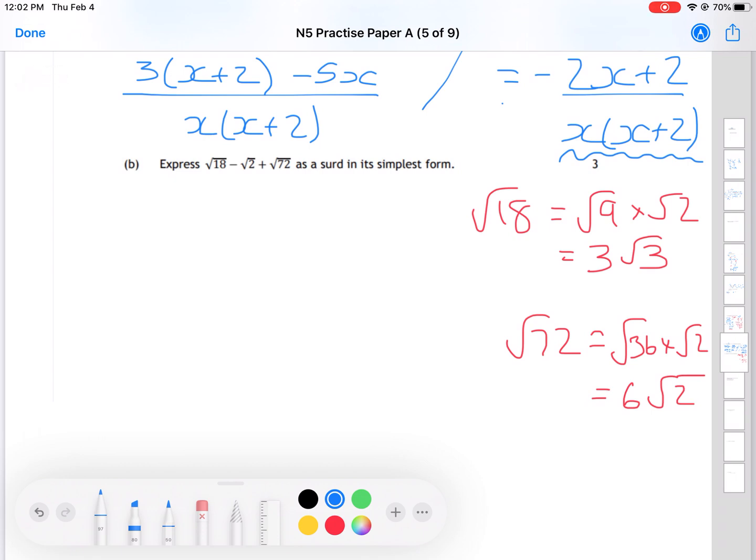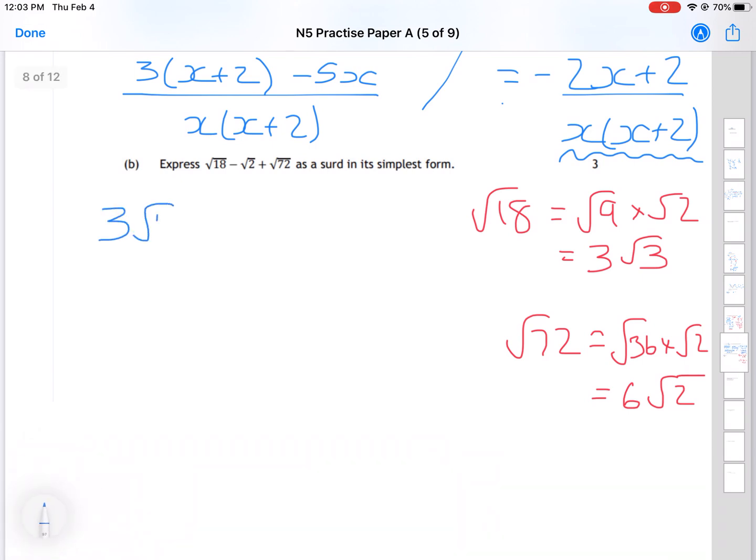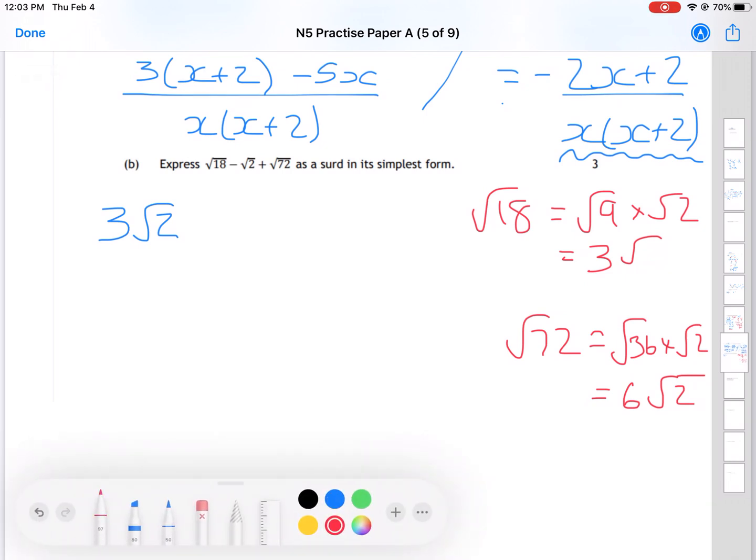You could use 4 up there, or you could use 9 as well. But make sure you simplify that root a little bit further whenever you can. So 3 root 2, that should be root 2, not root 3, over that side.